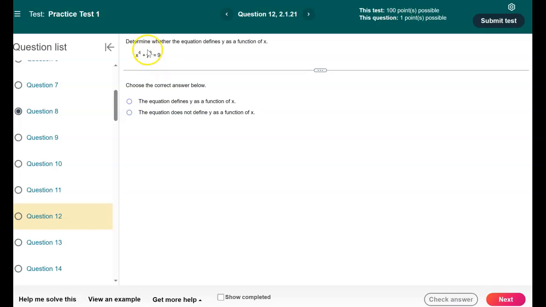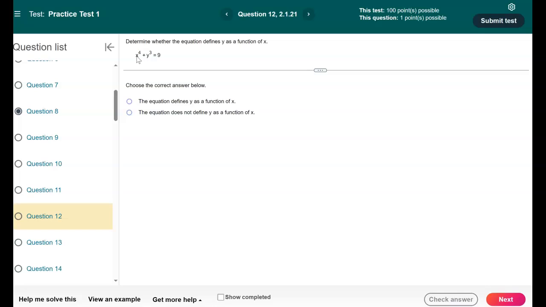Next question. Determine whether the equation defines y as a function of x. If you are given an equation and you are asked to determine whether it is a function or not, all you need to do is assign a value for x and then solve for y.